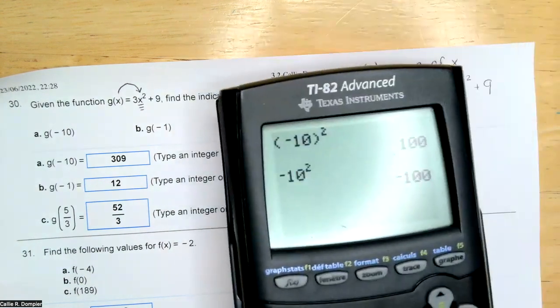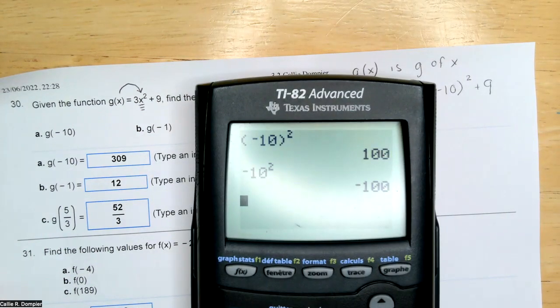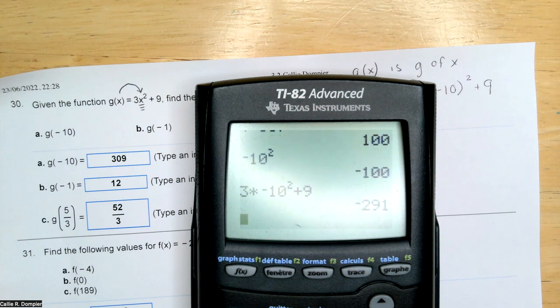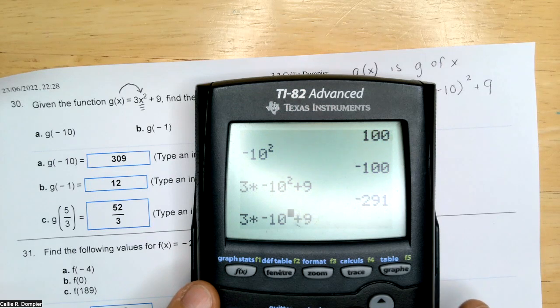And if you have a calculator where you're going to put all of it in at once, if you just did 3 times negative 10 squared plus 9, you're going to get a different answer than if you put in 3 parentheses negative 10 squared.